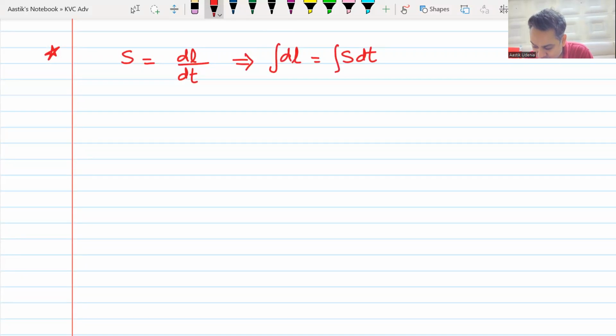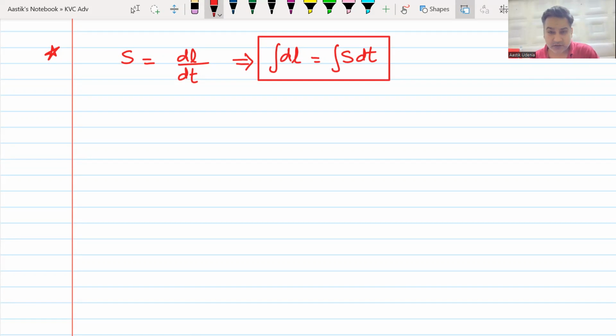To find out the total distance traveled, there's only one way: find out the speed of the particle and then integrate it. How do you find out the instantaneous speed of the particle? It is nothing but the magnitude of instantaneous velocity, or you can call it v without the vector sign. That is why this v is used for speed.